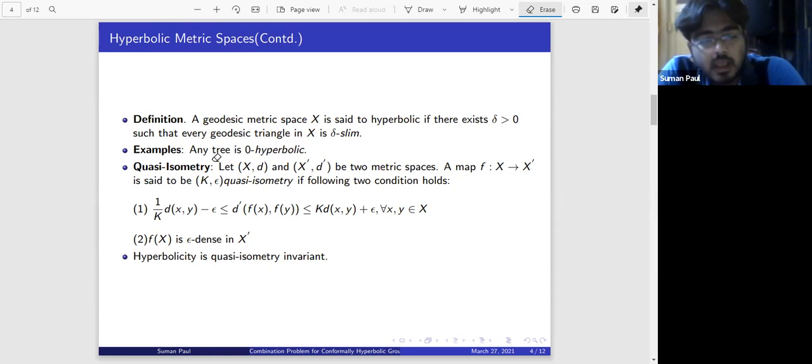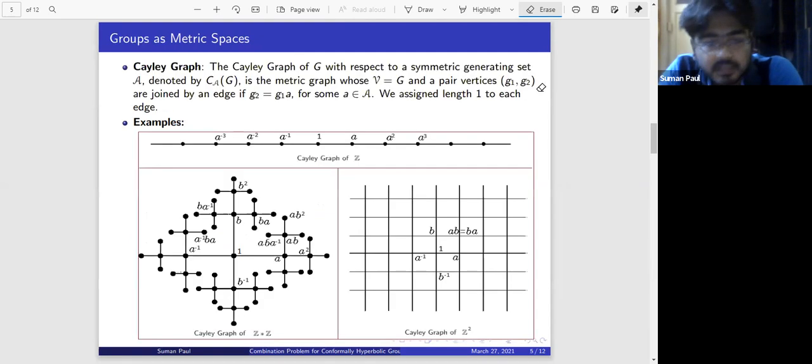If you give length 1 to each edge of that tree, then you can make it a geodesic metric space, and that geodesic metric space will be zero hyperbolic. So let's see the picture here.